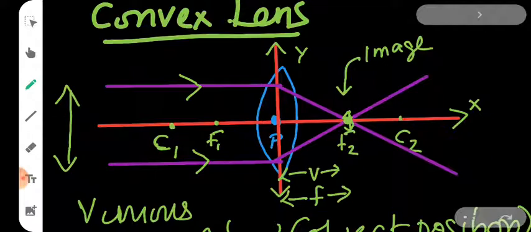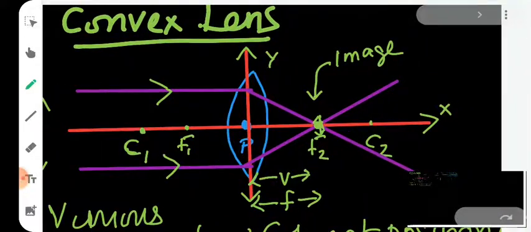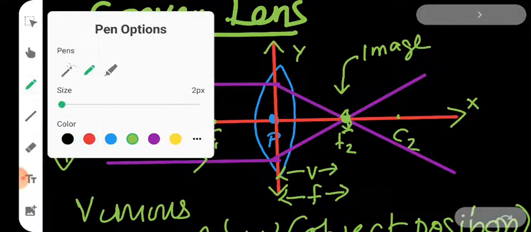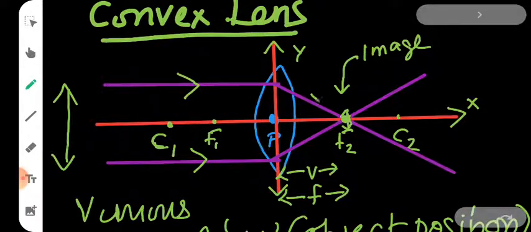The size of the image is extremely tiny. It is formed by 2 rays intersecting. So the real rays are intersecting, and you can form this image on a screen.